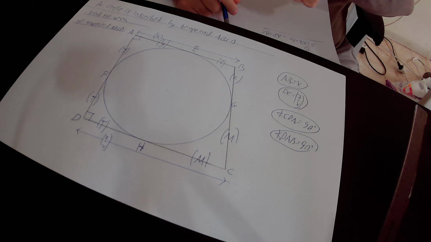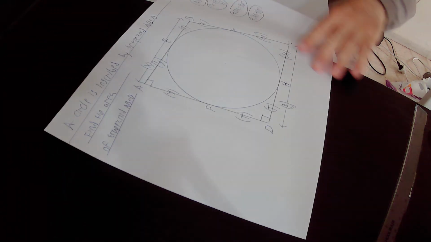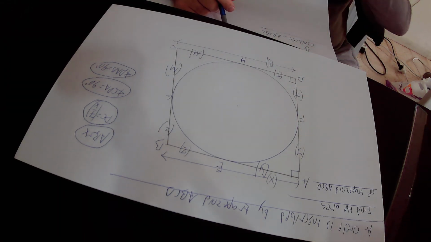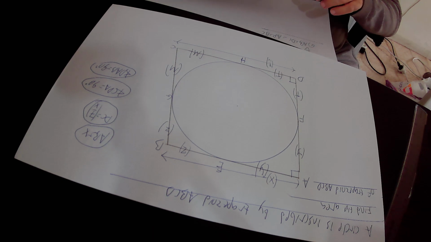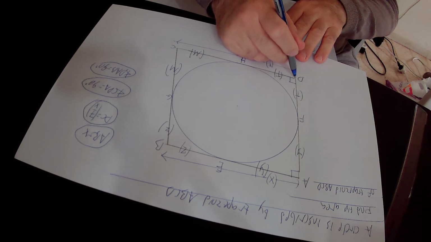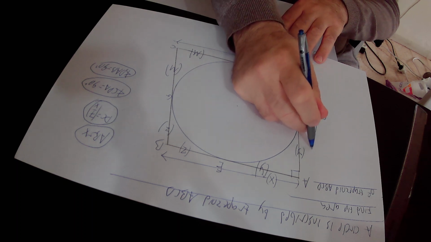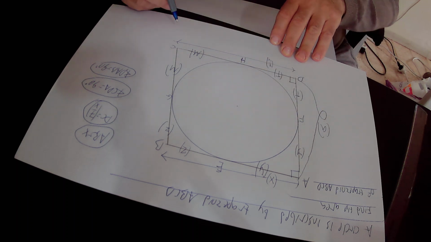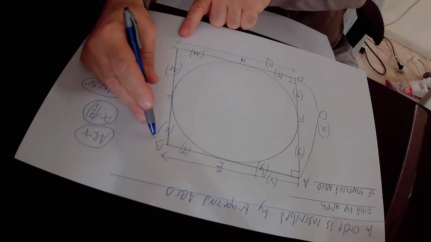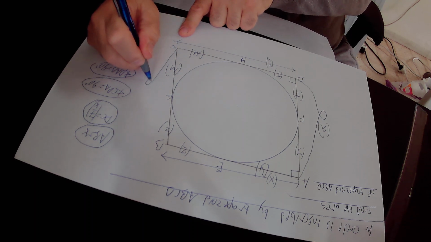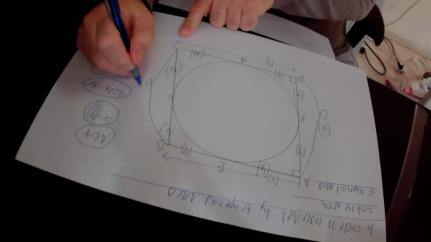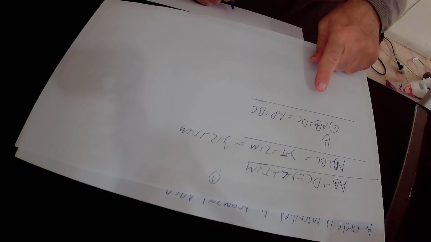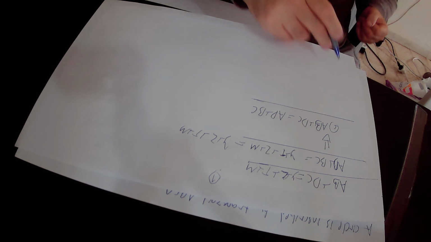We define the length of this side AD as A. We define the length of this side BC as B. So according to equation 1, AB plus DC equals AD plus BC.